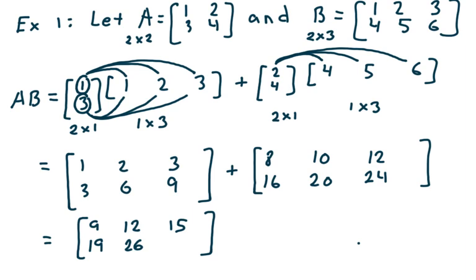And then 9 plus 24 is 33. And that's how we do example 1. It's a really, really slick way to do matrix multiplication, I must say.